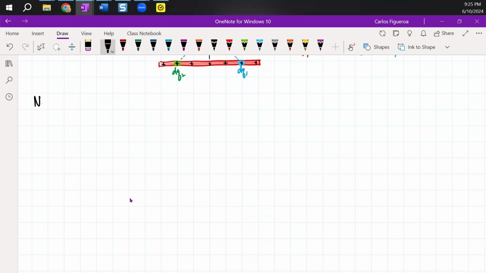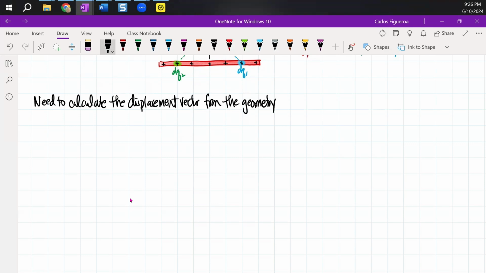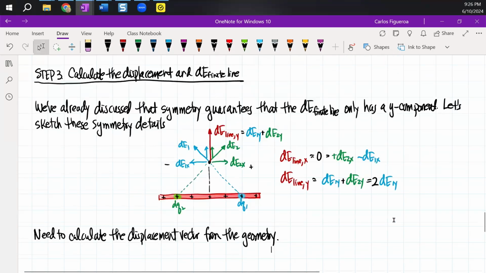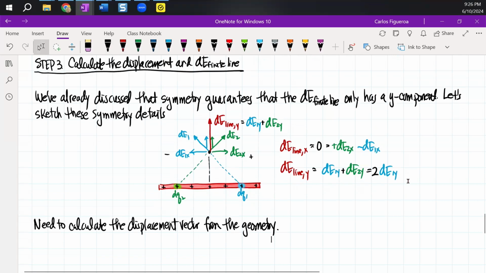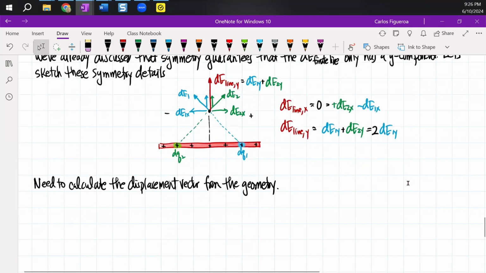We need to calculate the displacement vector from the geometry. So once again, I only care about dE1y. So here I go.